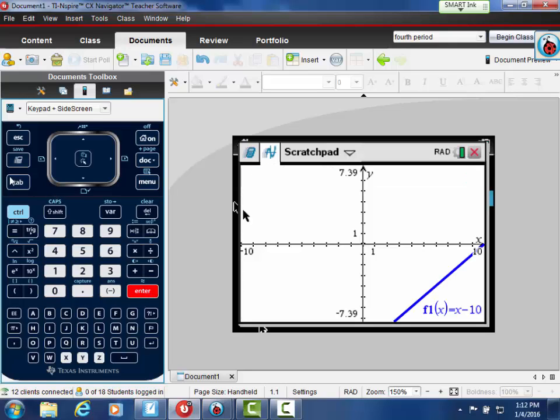And then we hit tab. And our second equation was negative 1.5x plus 10.